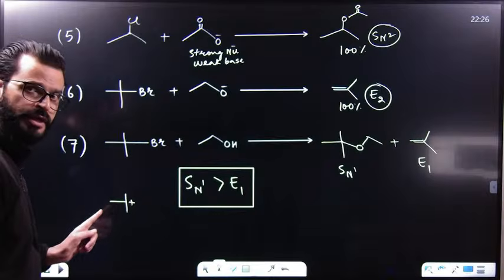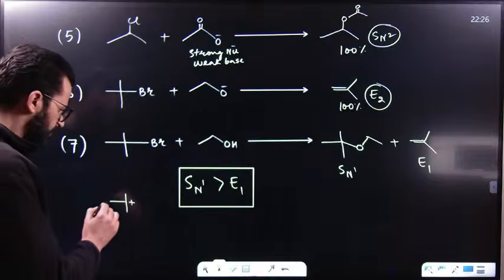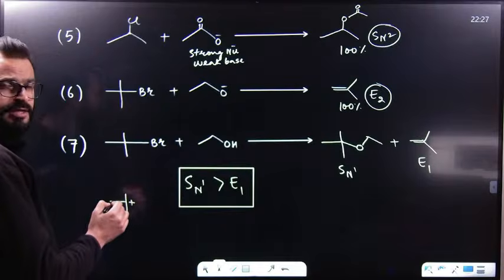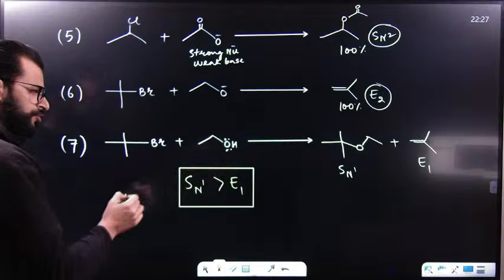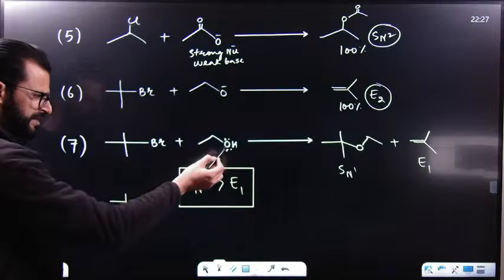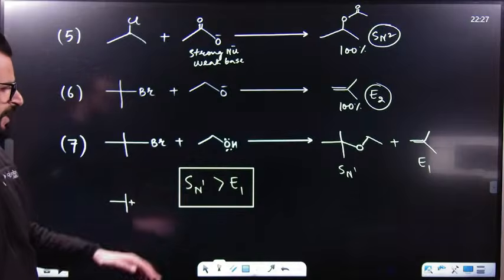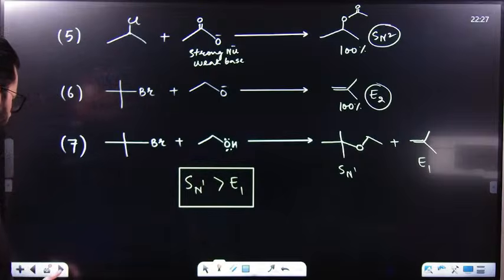That means one bond has to be broken and another has to be formed. But as a nucleophile, it only has to form a bond. So the rate will be faster when it shows the SN1 reaction. So this is SN1 and E1, SN2 and E2 in a nutshell, elimination versus substitution.